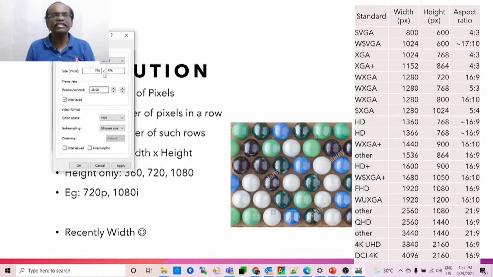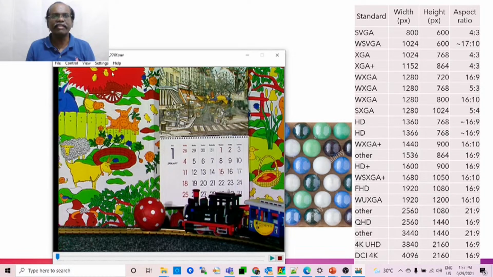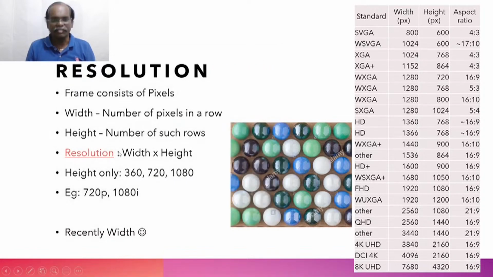The resolution is 720 as the width and 576 as the height. So 720 pixels are present in the horizontal direction and 576 pixels are present in the vertical direction. That is called resolution.